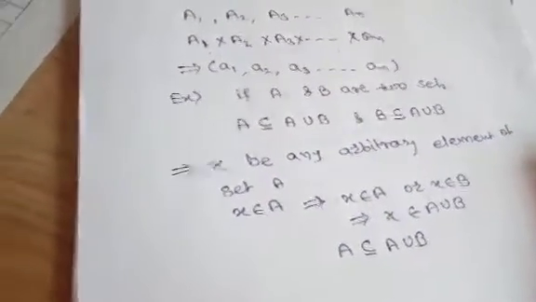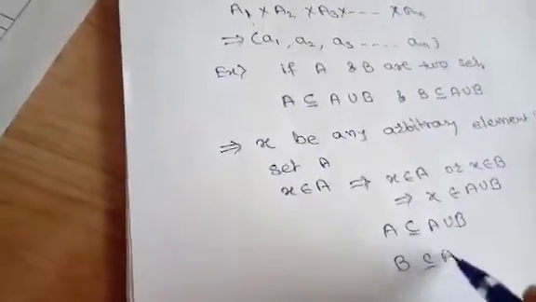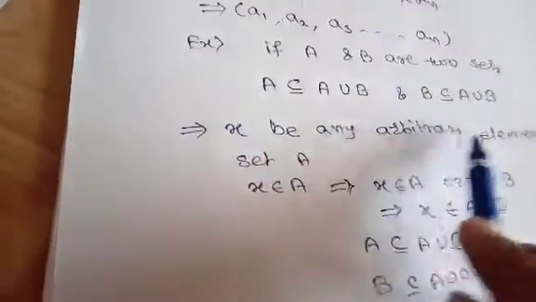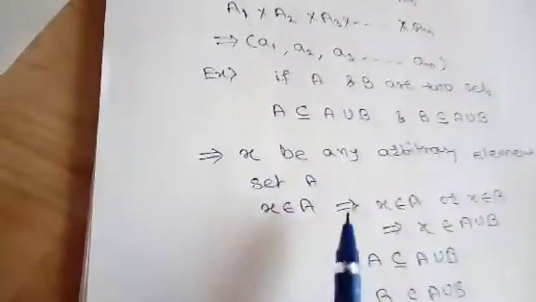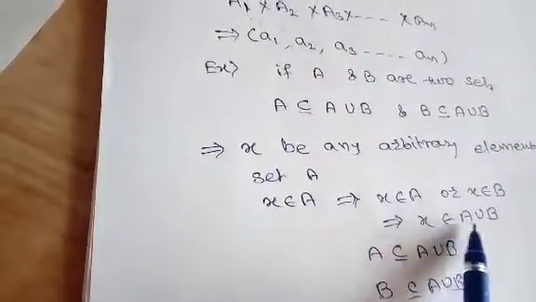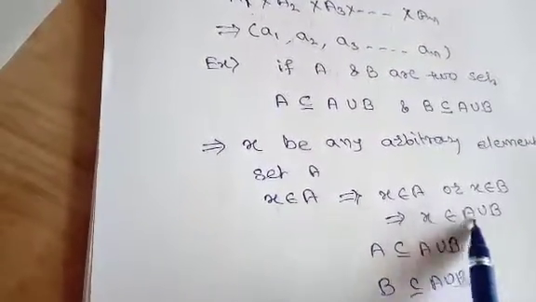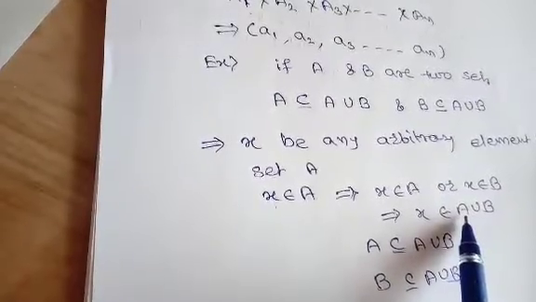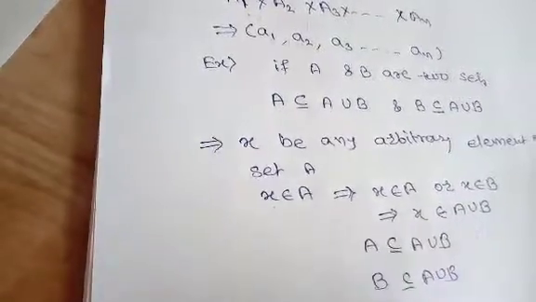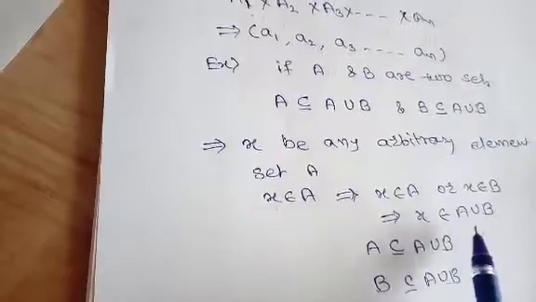Similarly, we can prove that B is also a subset of A union B. We have taken x to be any element of A, that is x belongs to A, which means that x belongs to their union also. Because which elements come in the union? The elements which belong to one of the sets come in that union.